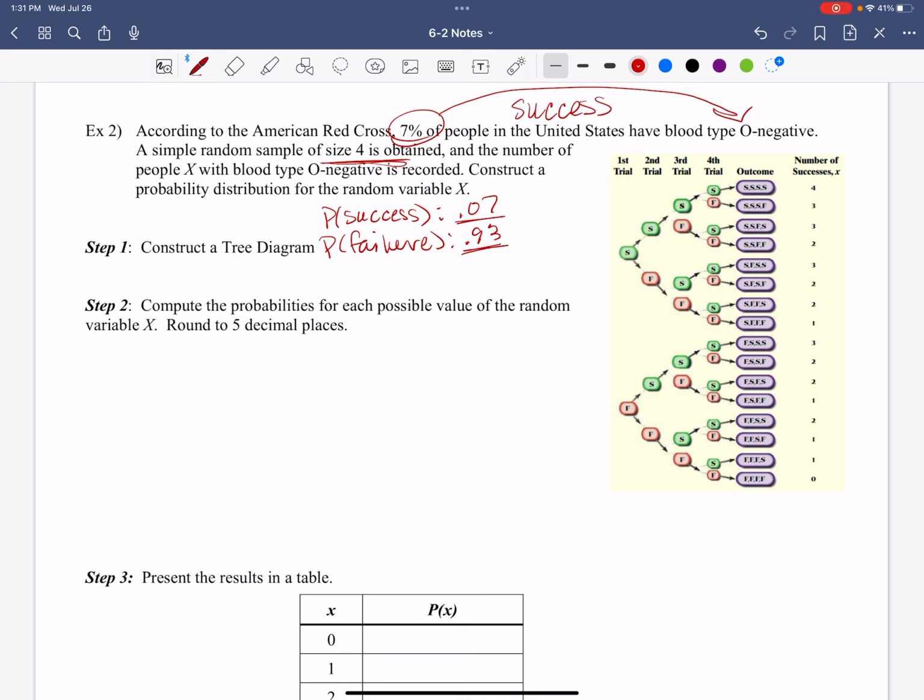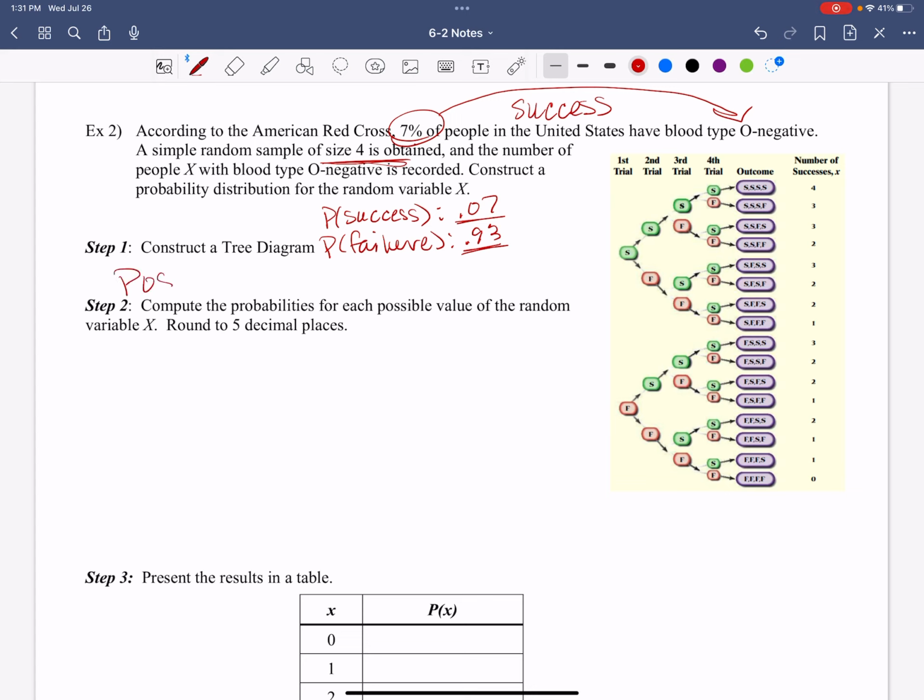And remember, success in this particular problem is that you have type O negative blood, or you don't, and that's failure, right? It's not saying what type of blood do you have. Specifically, O negative, yes or no. That's how we get that success and failure.